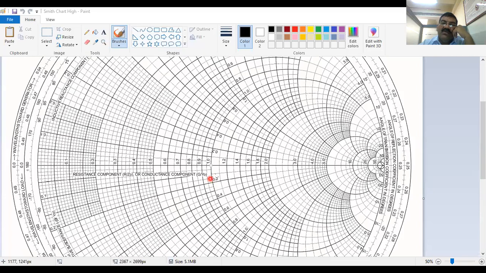It is written 1. This is 0.9, 0.8, 0.7, 0.6, 0.5, 0.4, 0.3, 0.2, and this is 0.